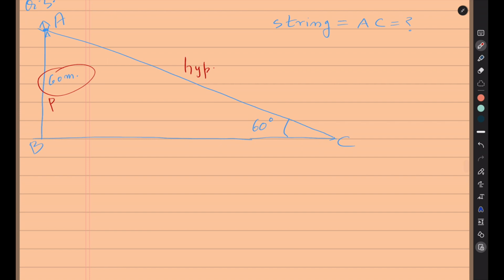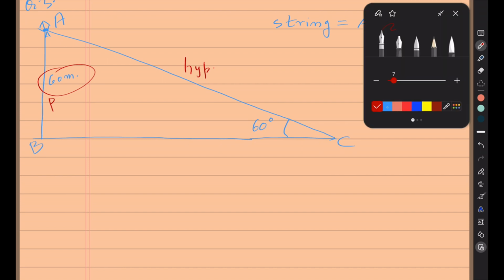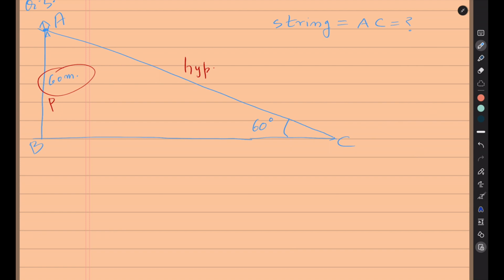So basically, if we try to make a relationship between P and H, then we need to use sine, because sine is equal to P divided by H. P is already given 60 meter, and H we need to find out.